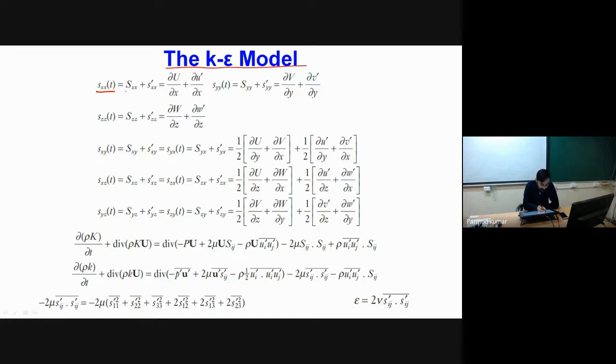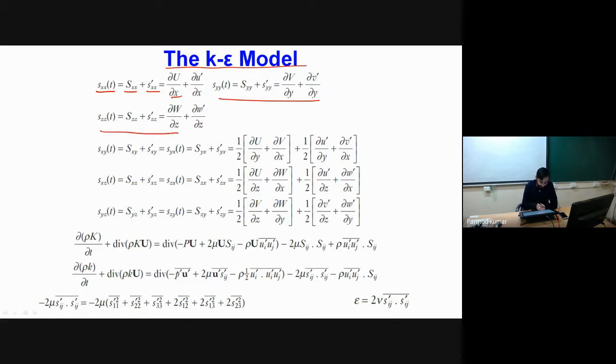That will be equal to some mean strain plus turbulent strain. The mean flow strain can be represented with the help of the mean flow velocity gradient del U by del x. Similarly, we have the turbulent strain in terms of the gradient of the fluctuating velocity component. Similarly, normal strain components exist for the y direction and z direction.